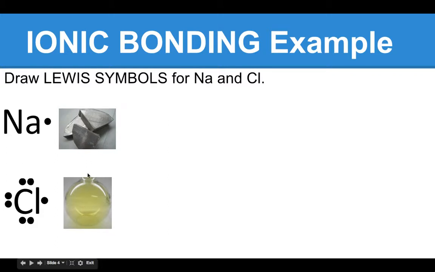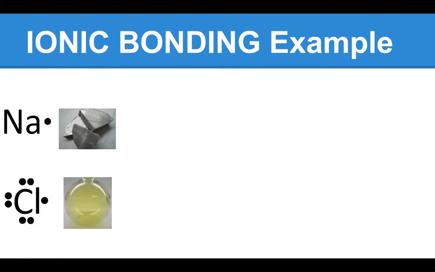And what's going to happen between these two elements, basically, is that if you remember from the last unit with periodic trends, electronegativity, chlorine is more electronegative than sodium. So if you put these close enough together, this chlorine is going to be pulling one of these electrons from the sodium because it's more attractive.